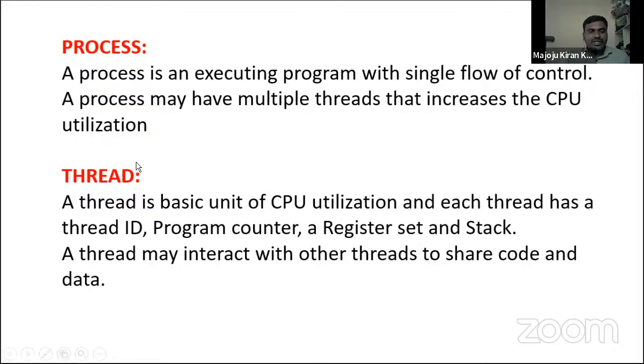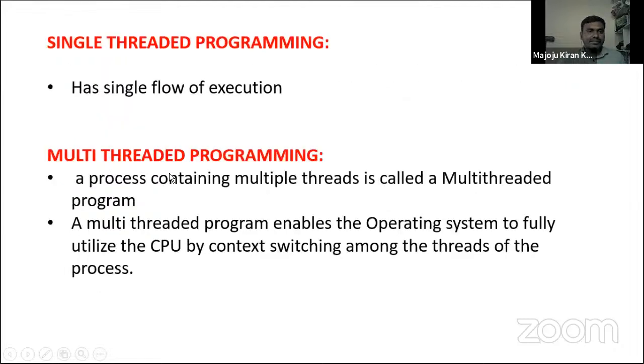To improve the system performance, we should increase the CPU utilization. How can you improve it? We need to make the CPU always busy. It should not be idle. If it is idle, the system performance will be degraded. So the CPU utilization can be increased by multiple threads.